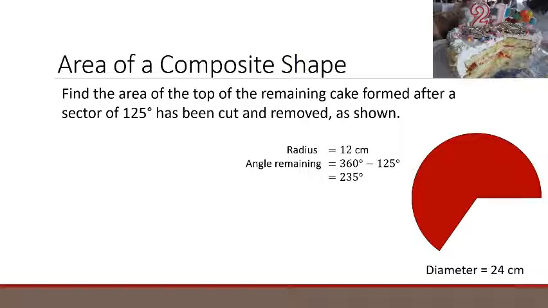The angle remaining is 360 degrees. That's, of course, for the whole circle. Take away the angle of the sector that's been removed, and that's the 125 degrees, leaving us with 235 degrees. So we use our sector formula, and it doesn't matter if the angle is acute, that's less than 90 degrees, or obtuse, that's between 90 degrees and 180 degrees, or as in this case, a reflex angle which is greater than 180 degrees and less than a full circle.